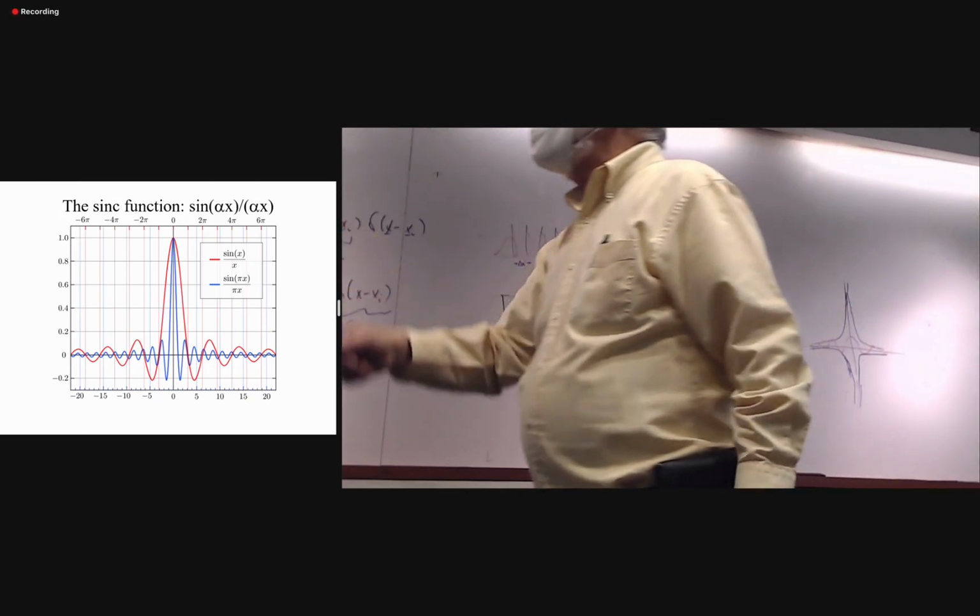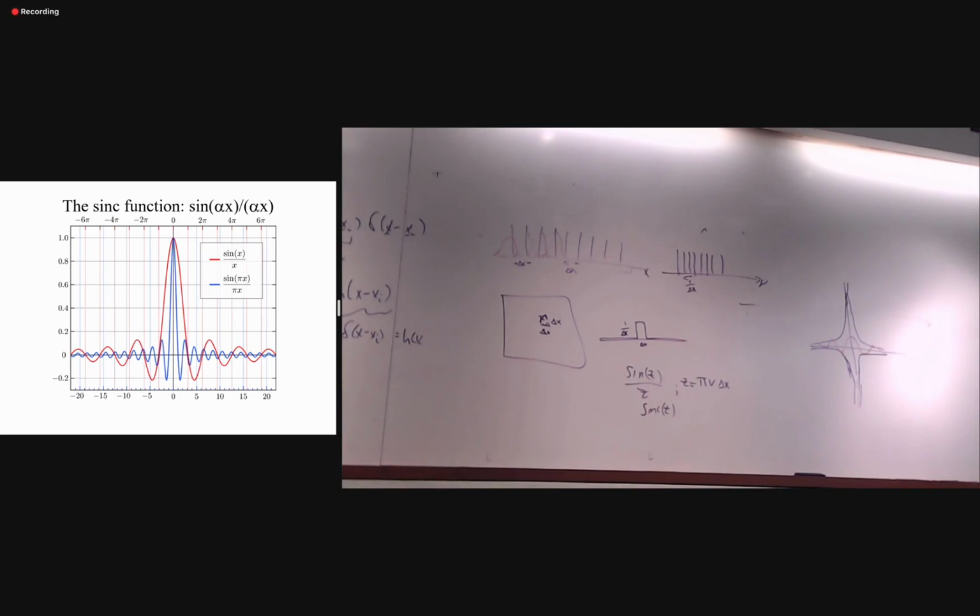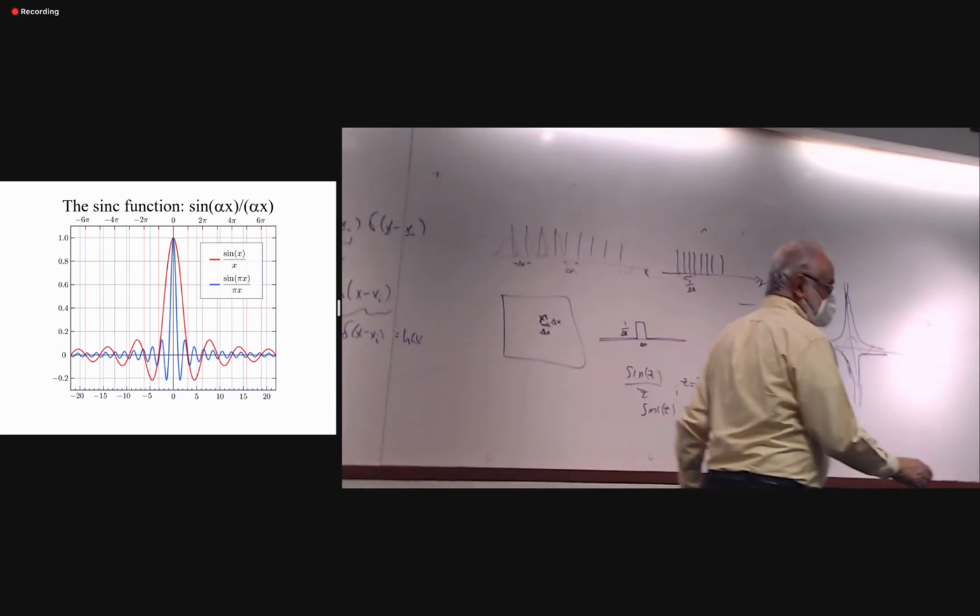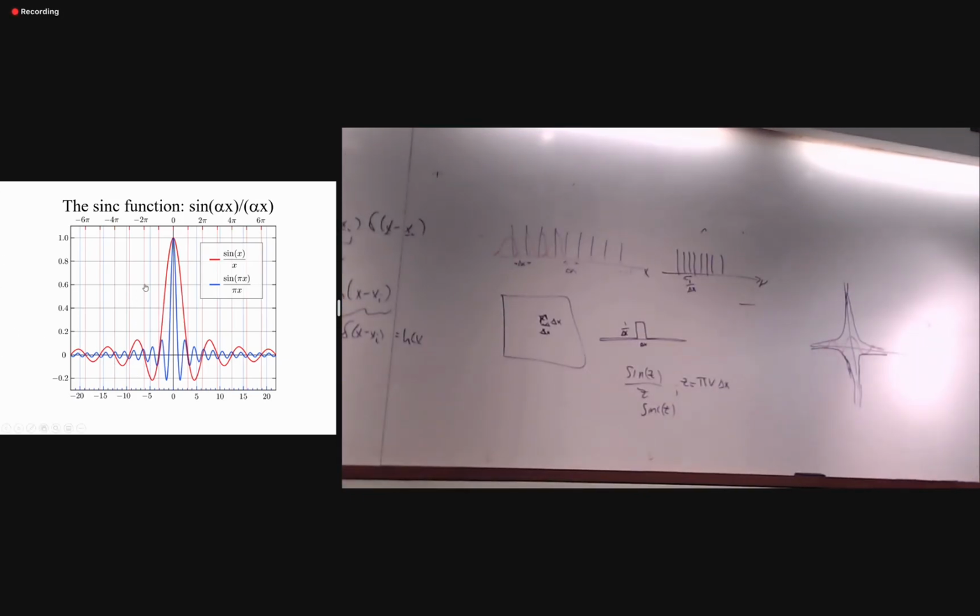And that's what we see in the slide, where this envelope here on the plus side, or down here on the negative side, falls like 1 over x. Relatively gradual fall. And this is the sinc function.